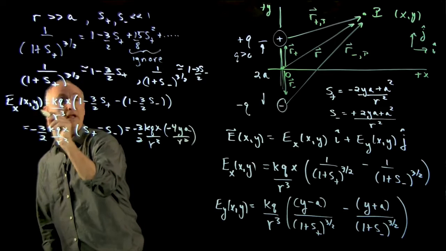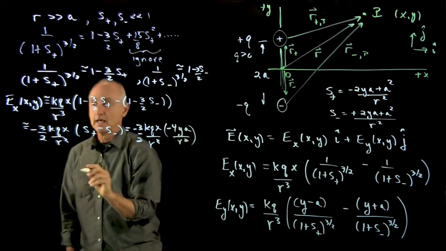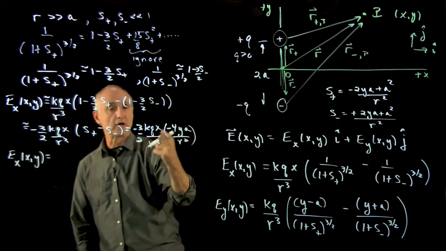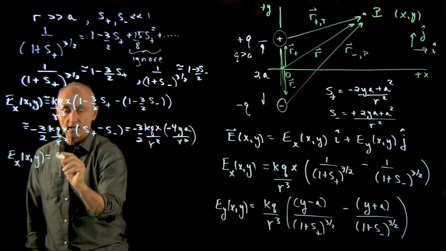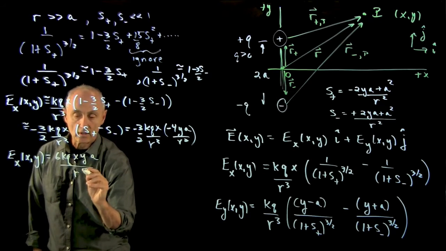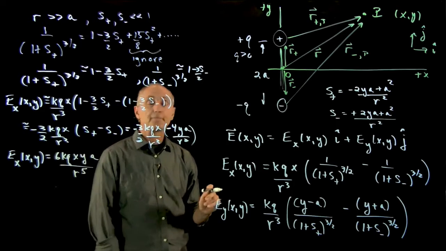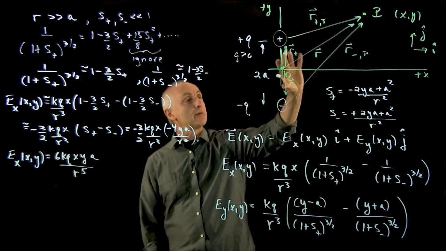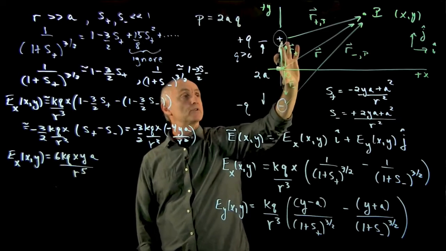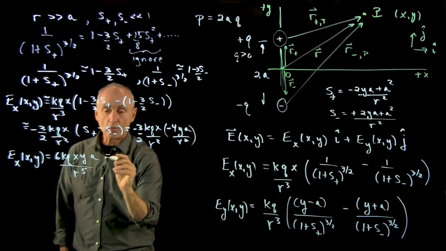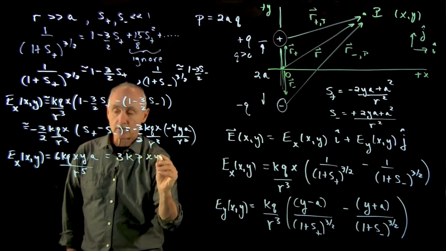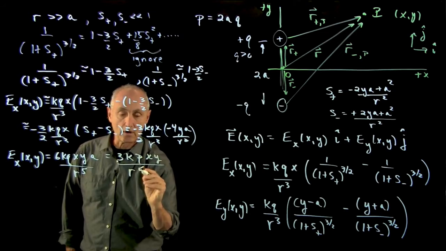We're now approximating this, and so we get that, the two minus signs cancel, 6 k q x y a over r to the fifth. And in this particular problem, the magnitude of our dipole moment is 2aq, because it's a distance 2a apart. So we could write that as 3kp x y over r to the fifth.